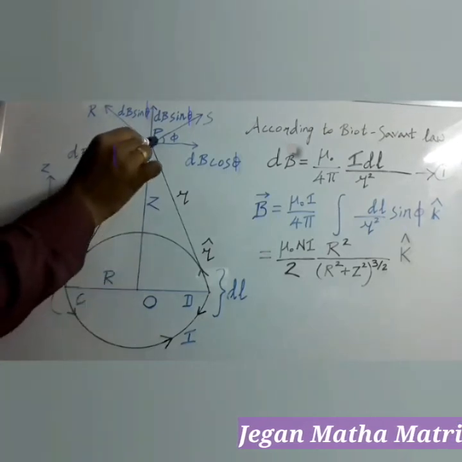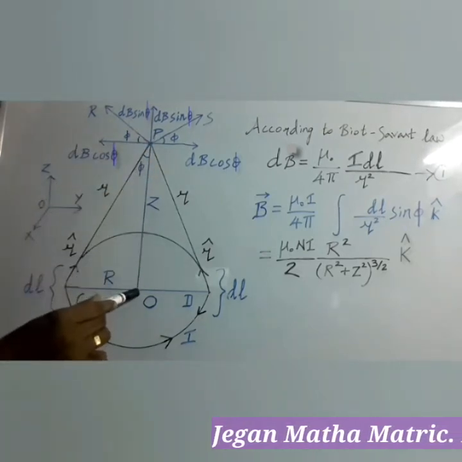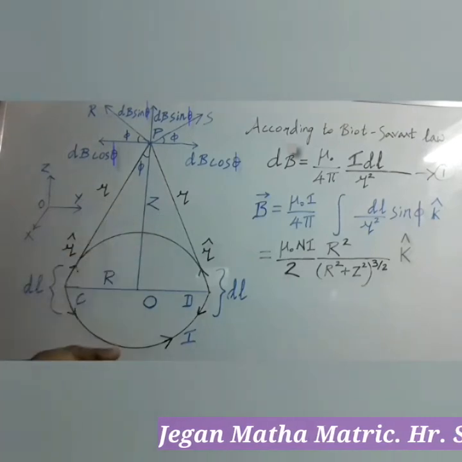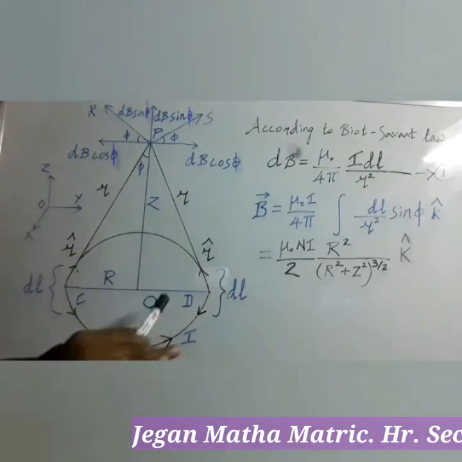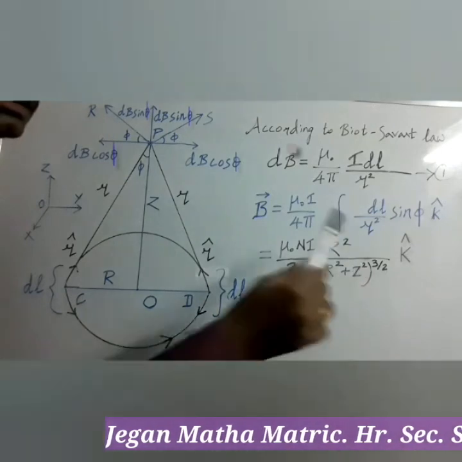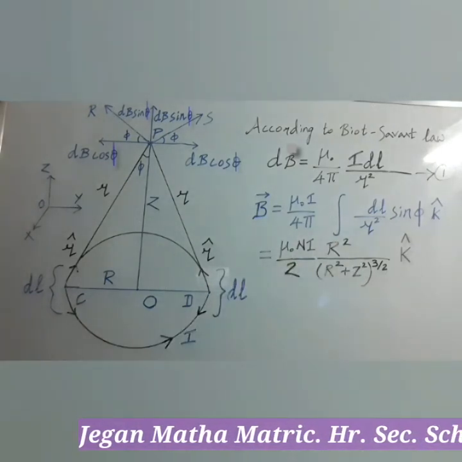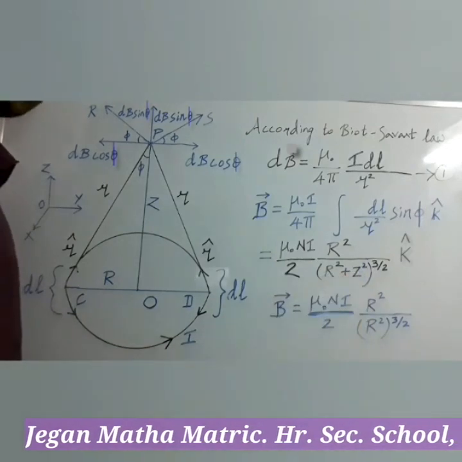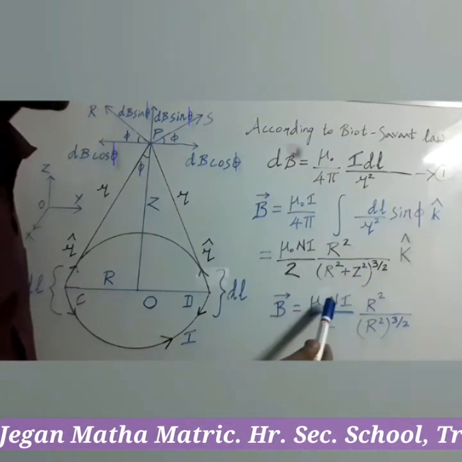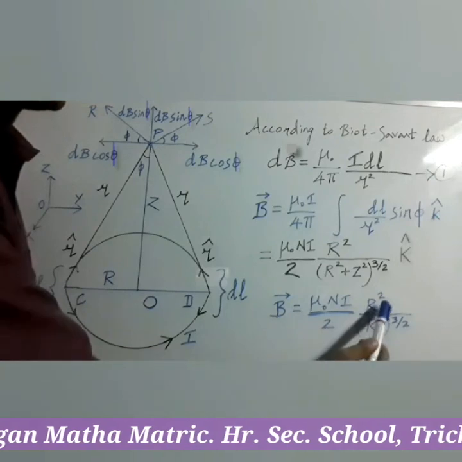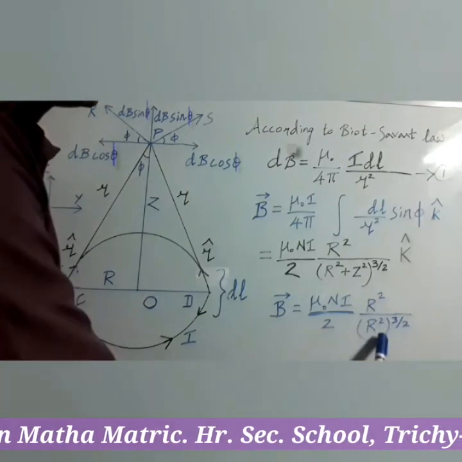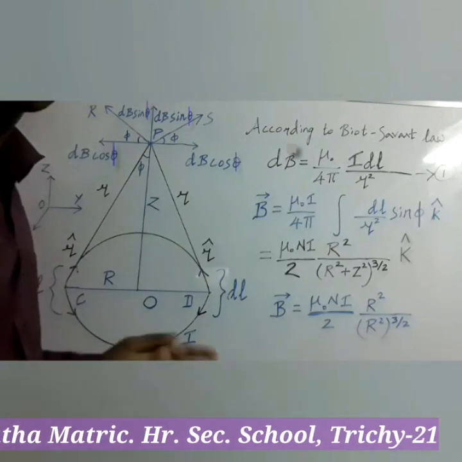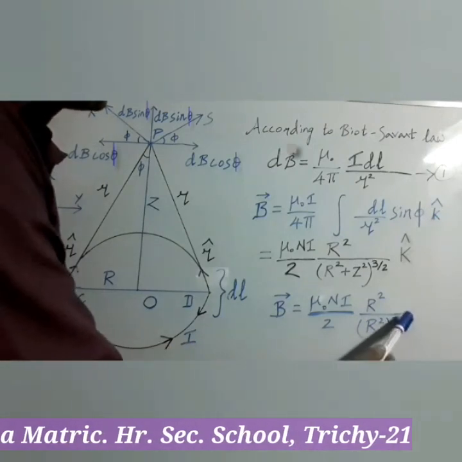Imagine if point P lies on O itself, then what is the value of Z? That is equal to 0. In this case we can neglect the Z value in this expression, so it can be substituted as 0. So what is the new expression? With Z as 0, the new expression for B vector is equal to mu naught N i by 2, with R square in the numerator and denominator R square power 3 by 2. So 2 can be cancelled. Remember, square 2 is there, so 3 by 2.